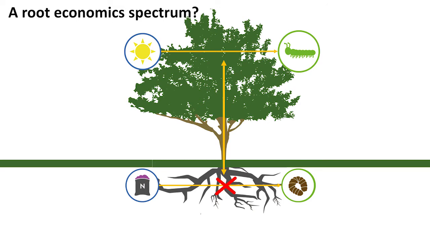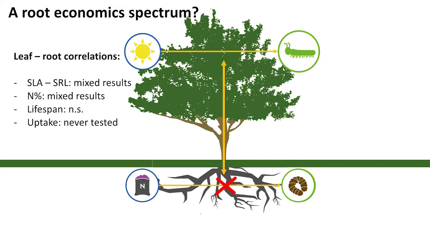And then we looked at studies that correlated seemingly parallel root and leaf traits, and we found scattered results as well. For instance, we found studies that reported a positive or a negative correlation between specific leaf area and specific root length, and leaf and root nitrogen content. We found 1 study that tested the correlation between fine root and leaf lifespan, and it found no significant relationship.